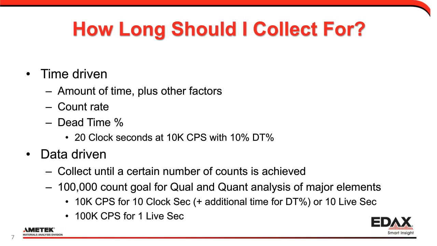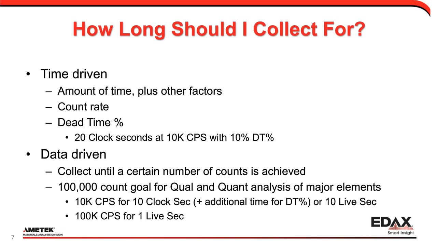About 100,000 total counts would be a good goal for qualitative and quantitative analysis when you have major elements. In my experience, if you have minor elements, you might want to collect until you have about 200,000 total counts in your spectrum when you're doing quantitative analysis.